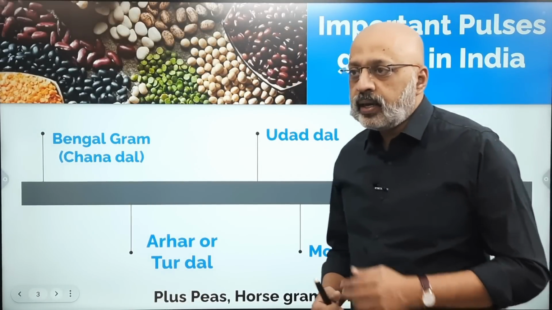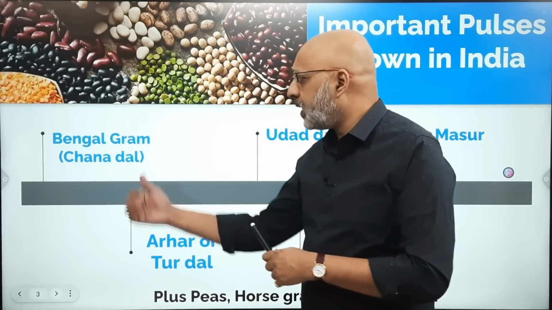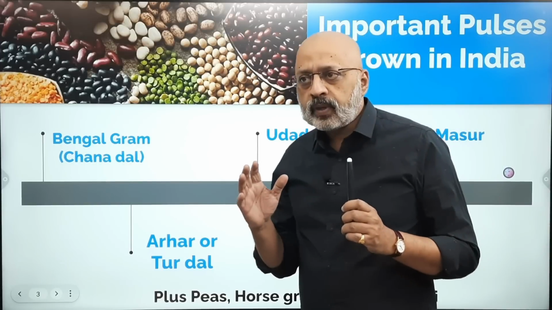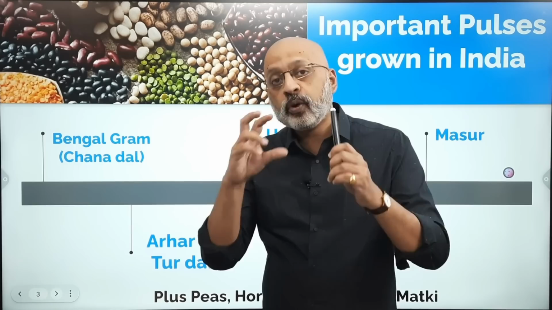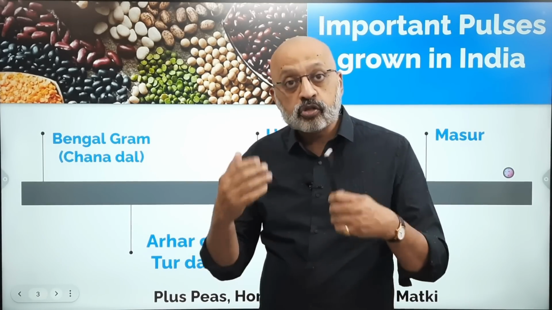Now, what are the different kinds of pulses that we obviously speak about? Before we get into all this Bengal gram, arhar, tur dal, etc., pulses are often rotated with other crops that I just spoke about. If you get it as a question, what I've done is to write it as a question and answer for you so that it's easy for you to remember the keywords.